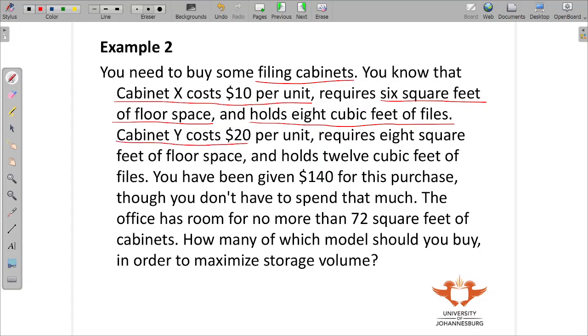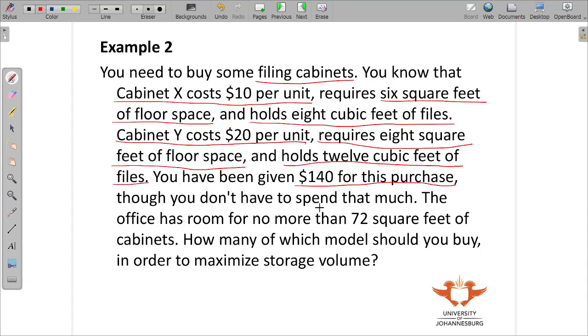Cabinet Y costs $20 per unit, requires 8 square feet of floor space, and holds 12 cubic feet of files. You have been given $140 for this purchase.